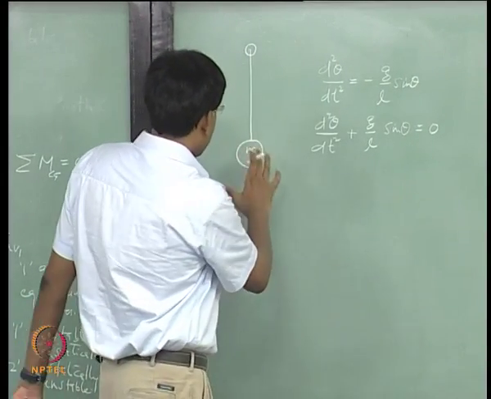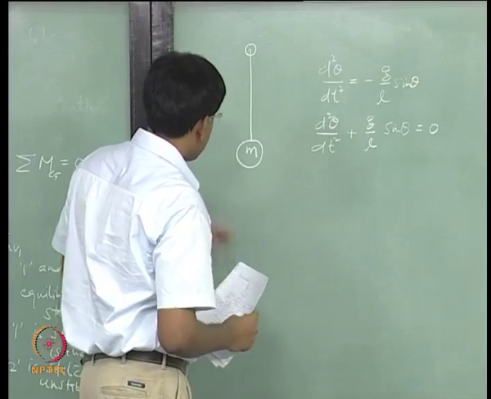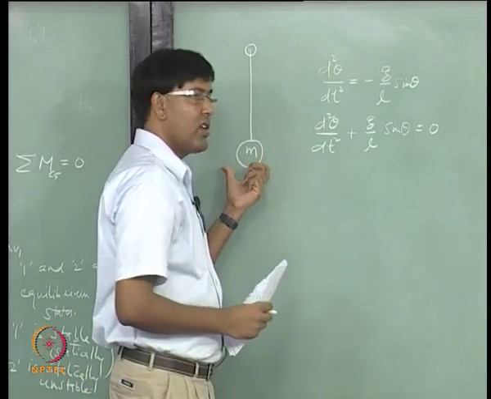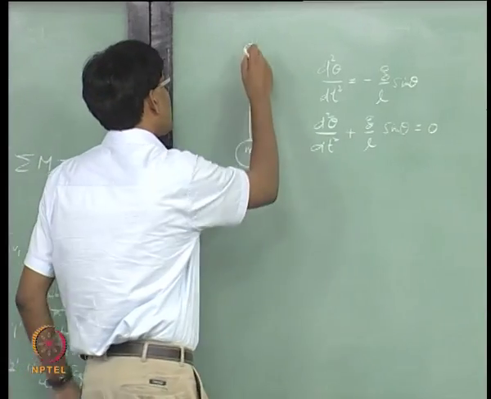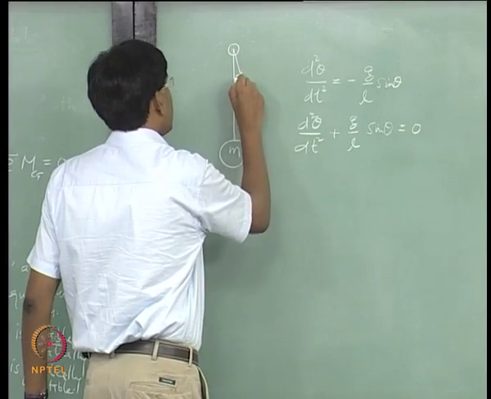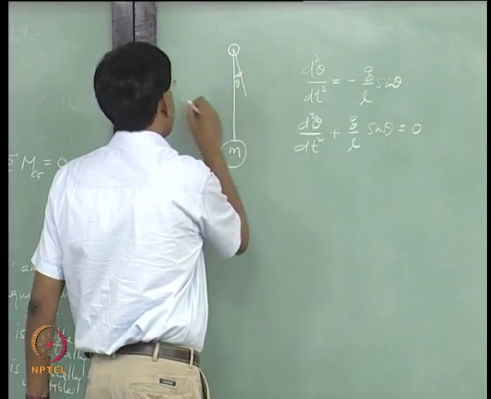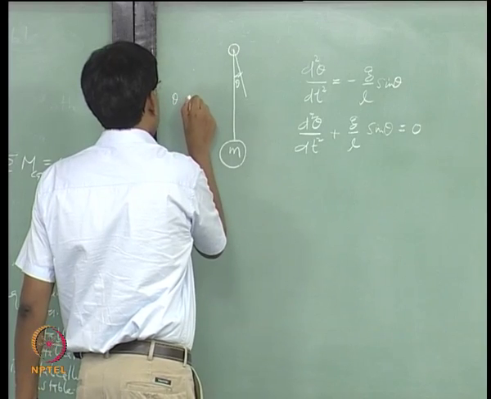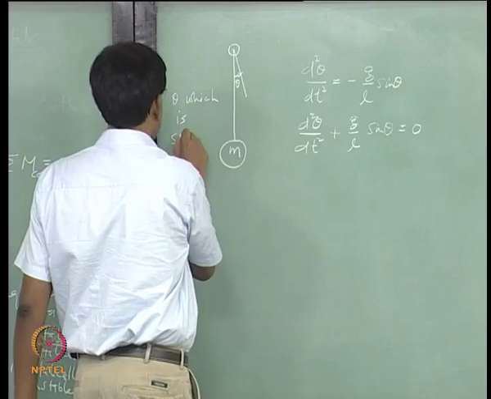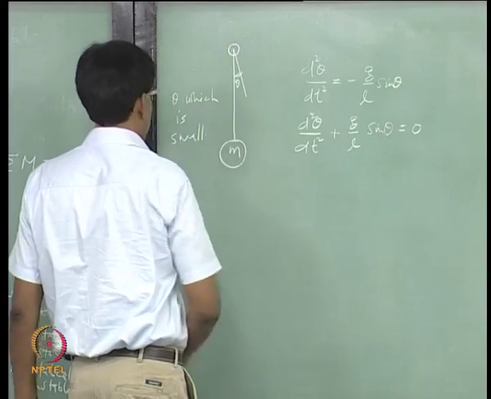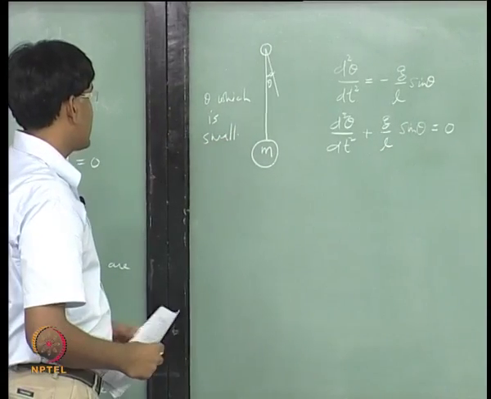Now, clearly we are talking about stability, so we are talking about small motion around this equilibrium state. So, we are actually talking about theta, which is small.